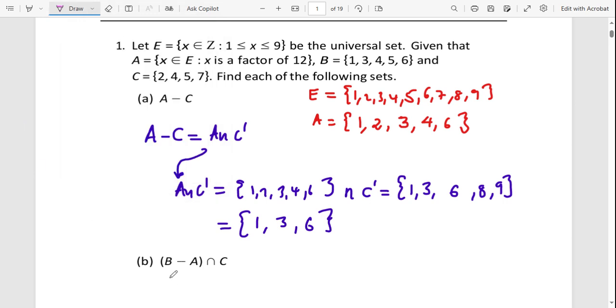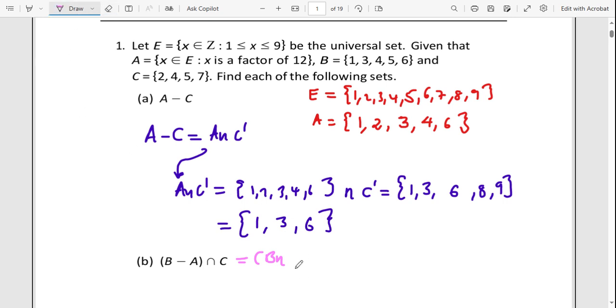Let's do now B minus A intersection C. So the first thing we are going to do is find what B minus A means. It means B intersection A complement, and then intersection C. So the first thing is let's find the set B intersection A complement.